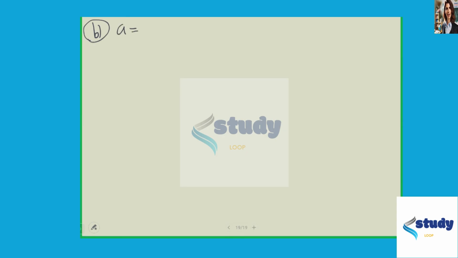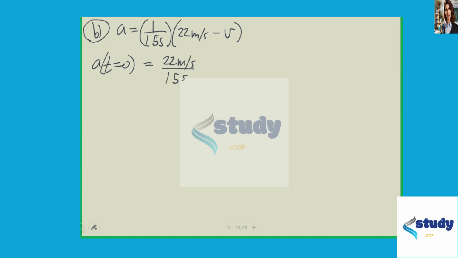Well, now that we have a formula for the acceleration, it's very easy to calculate this because we can just substitute v equals 0, because this is at t equals 0, the velocity is 0. So a at t equals 0 is just 22 meters per second divided by 15 seconds, which should give you 1.47 meters per second squared.